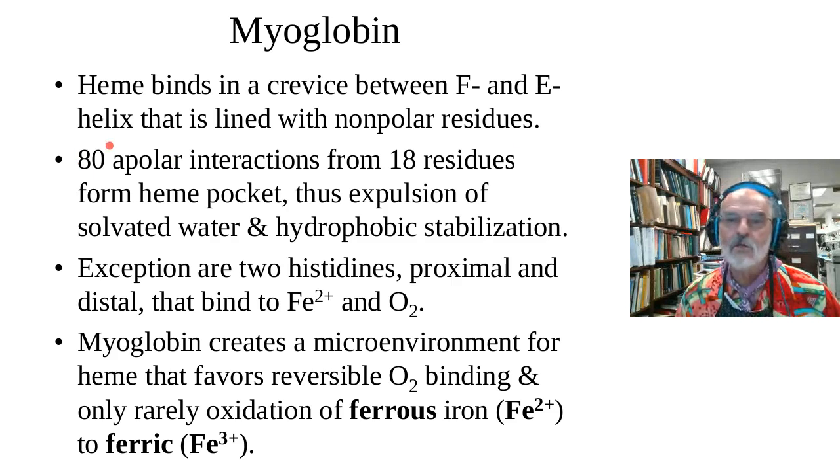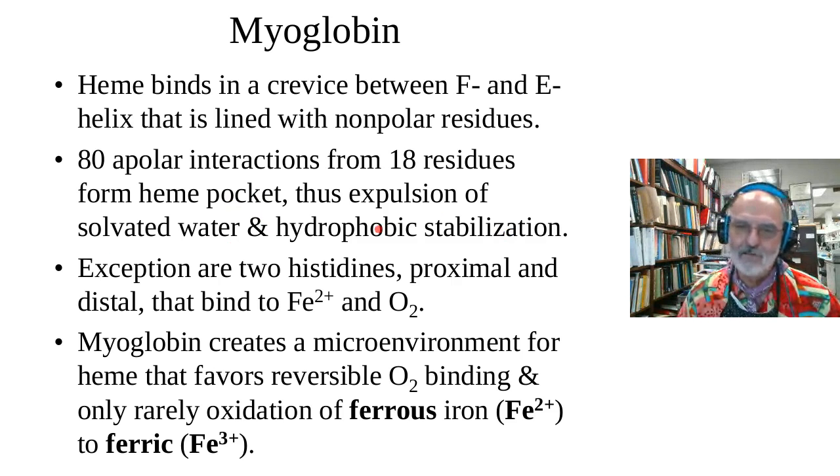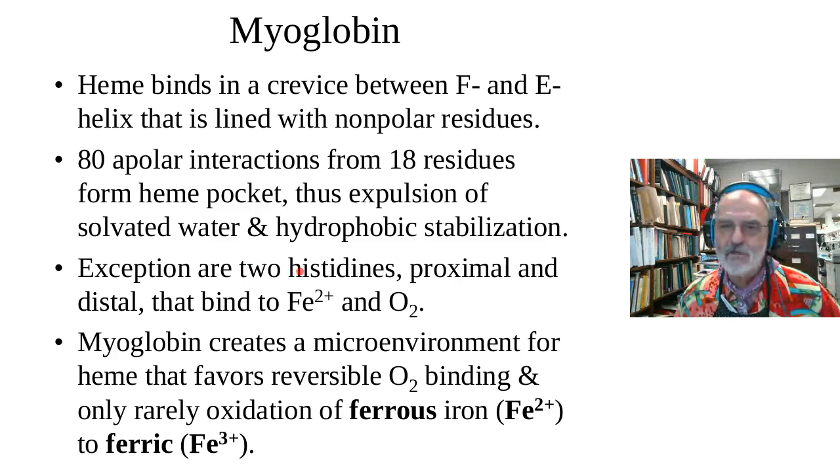So there are approximately 80 apolar interactions from 18 residues that form the heme pocket, and thus expulsion of solvated water and hydrophobic stabilization of binding. The exceptions are these two histidines, the proximal and the distal histidine, that bind to the iron or to the oxygen.